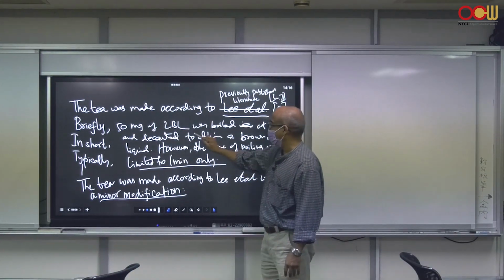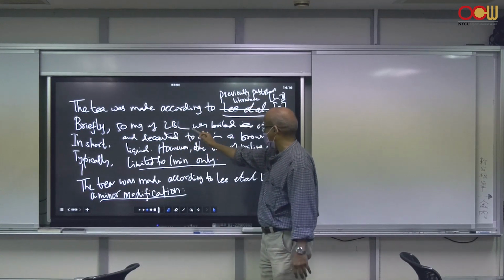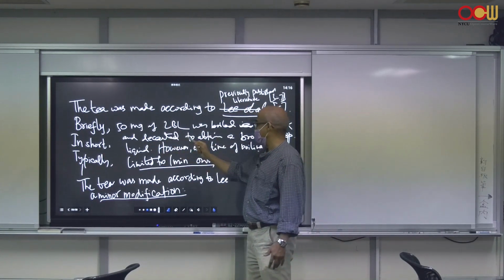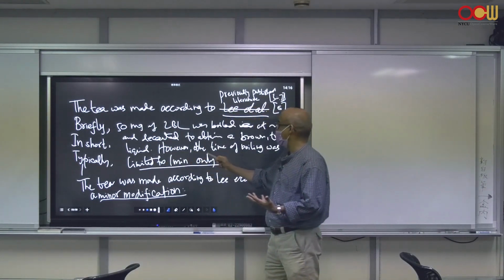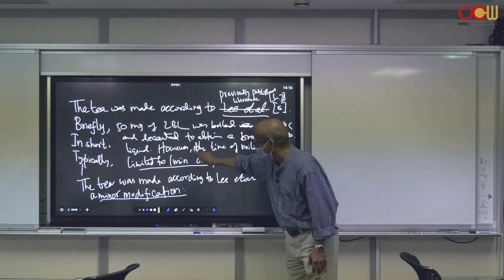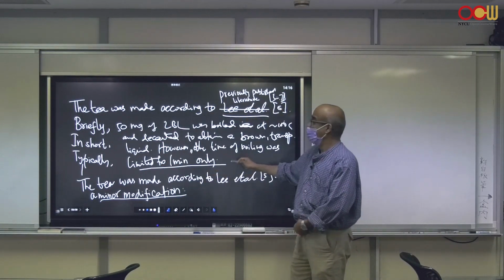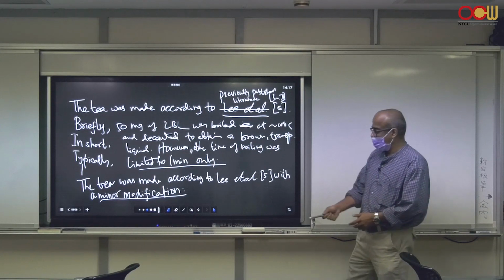So this is Lipton Black Label or whatever label. So 50 milligram of Lipton Black Label tea powder was boiled at 100 degrees centigrade and decanted to obtain a brown, transparent liquid. However, remember, this is important. However, comma, the time of boiling was limited to 1 minute only. In that paper, it was 5 minutes, let's say. So that's the modification.